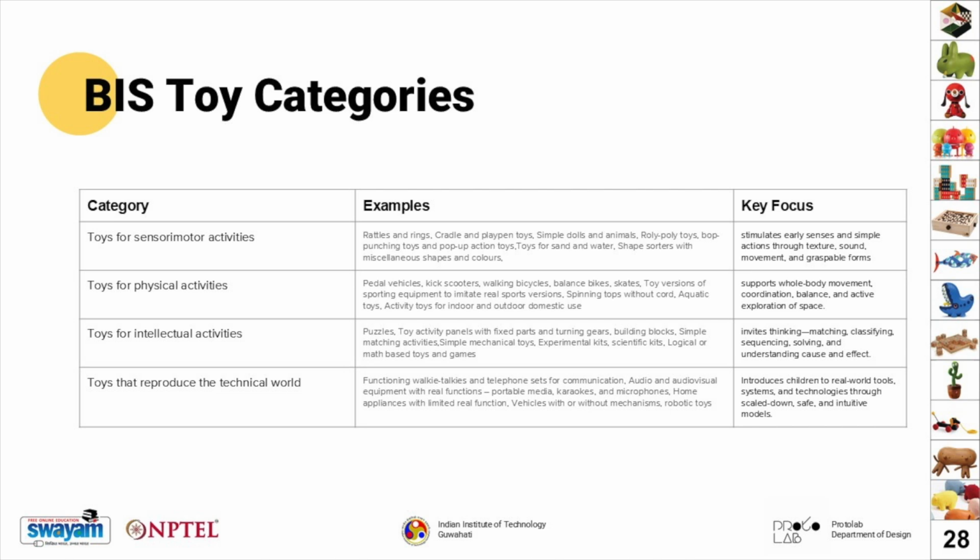Next is toys that reproduce the technical world. These toys connect children with real-life systems: walkie-talkies, pretend phones, working microphones, limited function appliances, vehicles, and early robot toys.